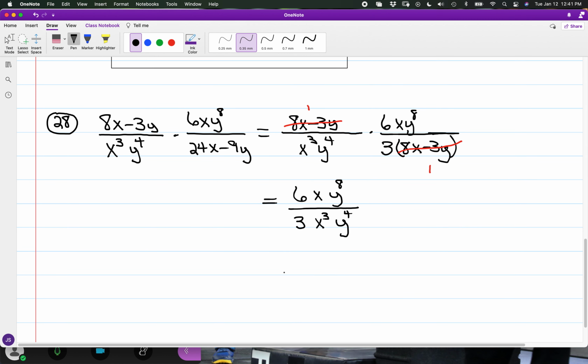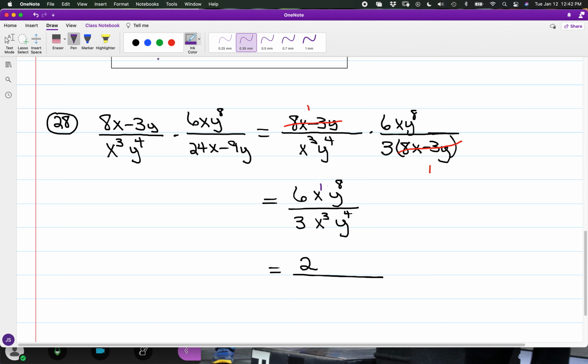Now in the reduction, 6 over 3 is a 2-to-1 ratio. And for x over x cubed, there's a little item referred to as the quotient property of exponents. You could look at this as 6 times x, and if you have just x, that's the same as x to the first.